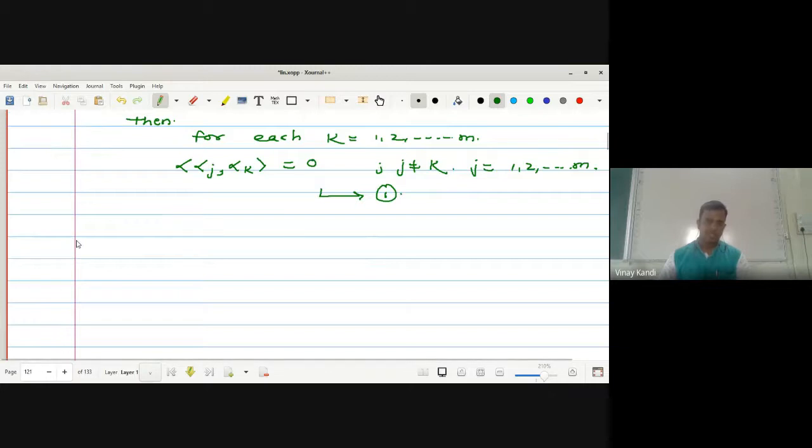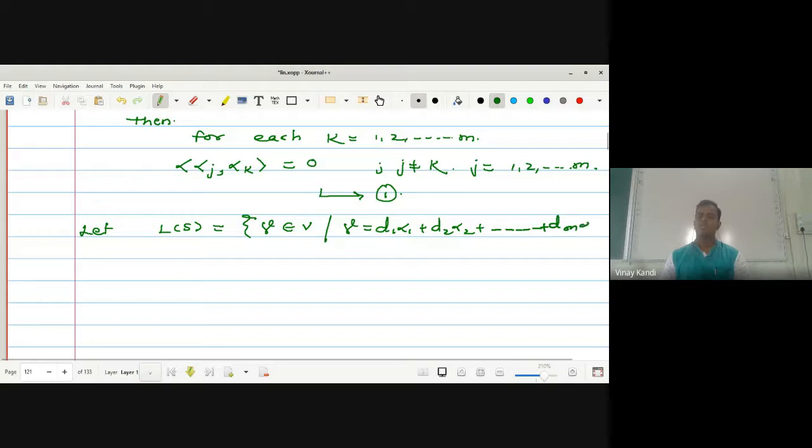Okay, what is the linear span? Let the linear span of S. कसा डिफाइन करतो आपण linear span? Gamma belongs to the span such that this gamma is in the form of d1 alpha 1 plus d2 alpha 2 plus up to so on dm alpha m, where the di's are constants.